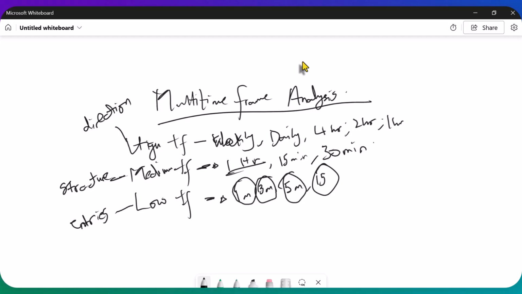Then for lower time frame, 15 minutes, 5 minutes, 3 minutes, and 1 minute. You can also see 2 minutes, but 2 minutes is rare. But 1 minute, 5 minutes, 15 minutes, yeah, that one is popular. So 1 minute and 3 minutes if you are scalping, 5 minutes and 15 if you are day trading. And if you are swing trading, 1 hour, 4 hours, and so on and so forth.